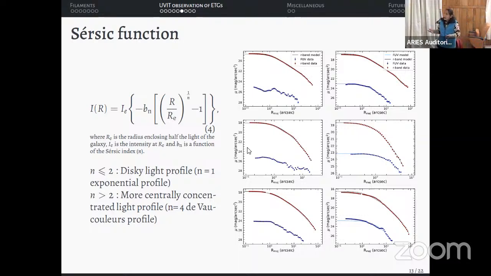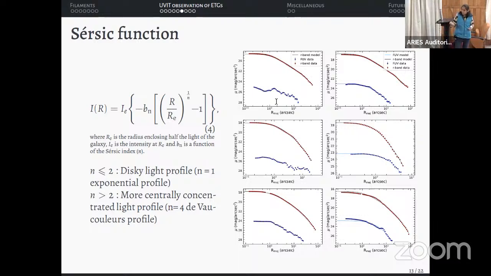Red is R band isophotes. Blue is FUV isophotes, and black is just this function fitted over it. This is surface brightness, and this is radius.